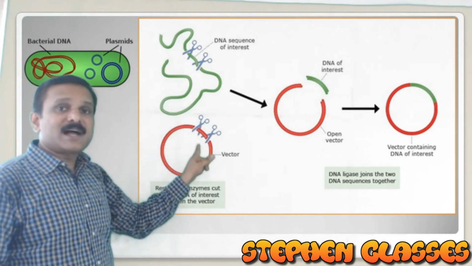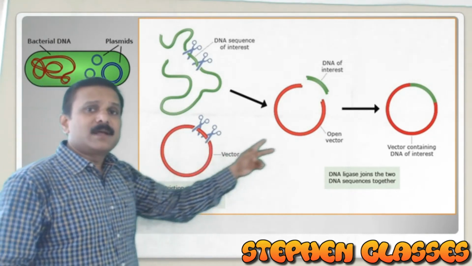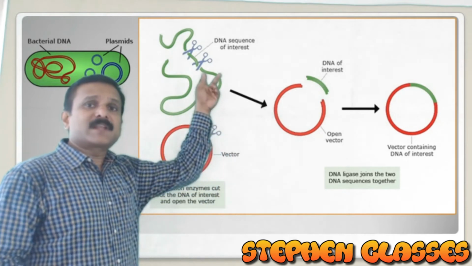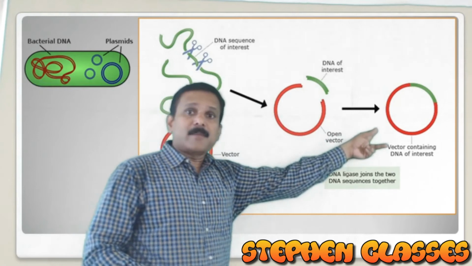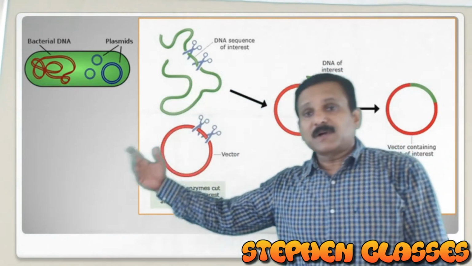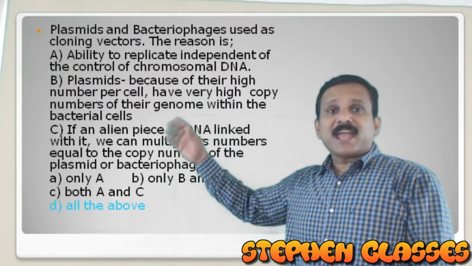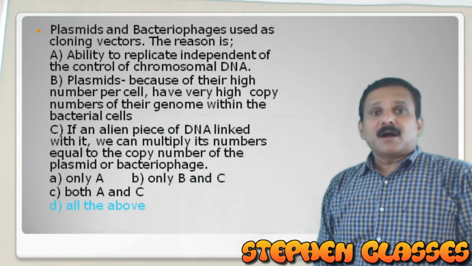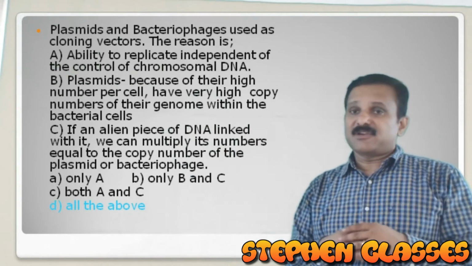Here, plasmids will be cut with a restriction enzyme. The desired DNA is also cut with the restriction enzyme, and both of them are joined to form a recombinant DNA, which will be introduced into the host cell. So in this question, you can see options A, B, C are all applicable for plasmids as well as for bacteriophages.